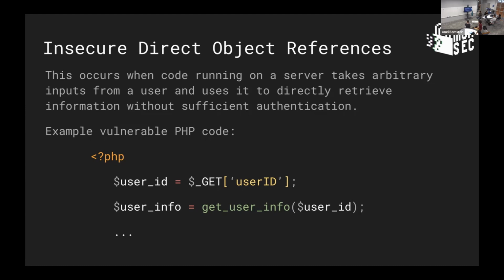Anyways, what this piece of code is doing, for those that don't know PHP, is that when there is a GET request and there's a user ID in the parameters, it gets what the parameter user ID says. In this case, let's say user ID 20, and then it gets the user info for user ID 20. It doesn't have any protection. It doesn't check if you're user 20 or user 19.